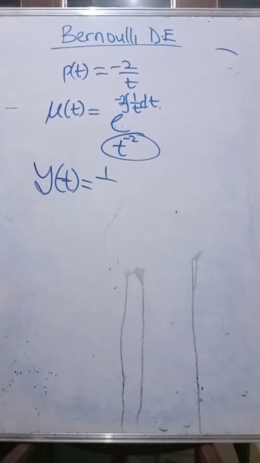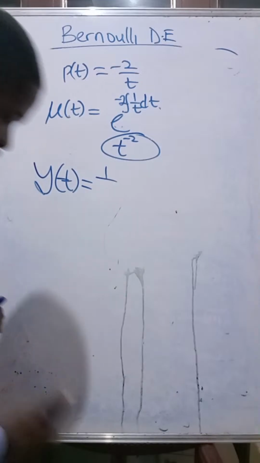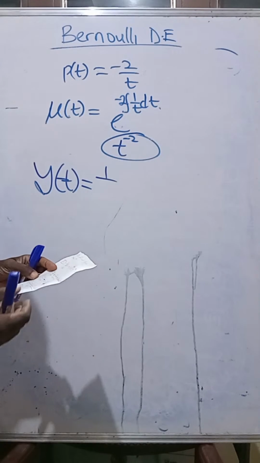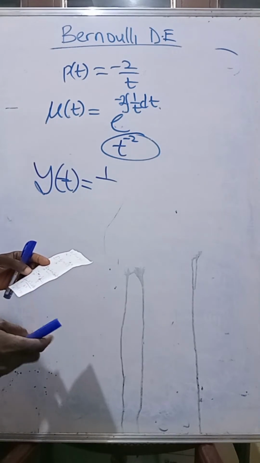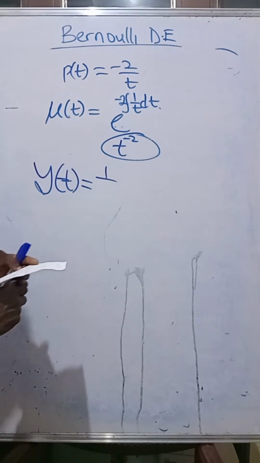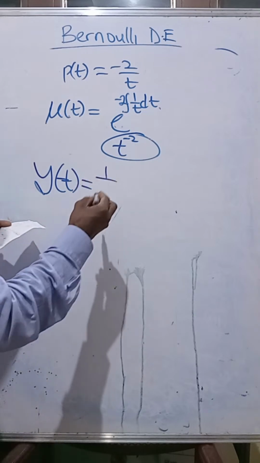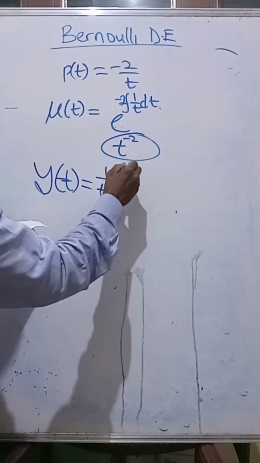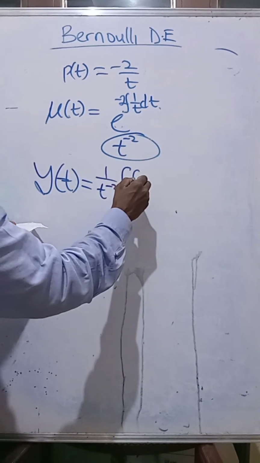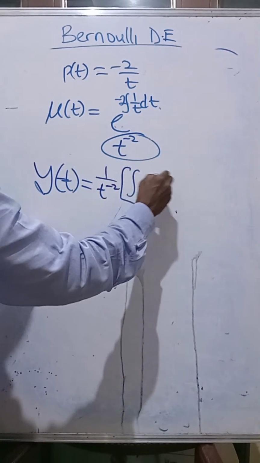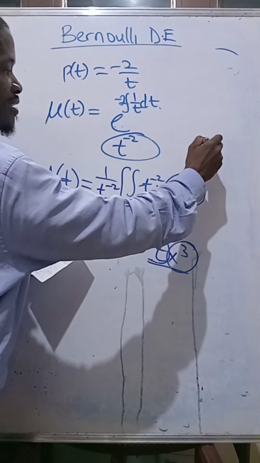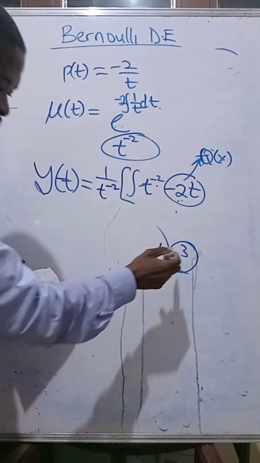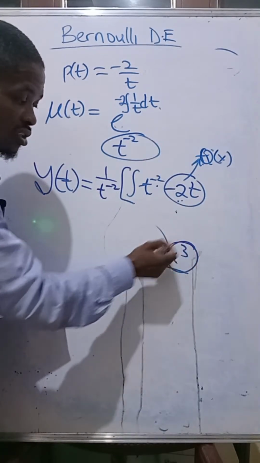So 1 over the integral factor, that's t to power minus 2. Open your brackets, integral factor, t to power minus 2, my q of x. That's my q of x. Yeah, that's minus because initially it was this, and this one was removed from that place.